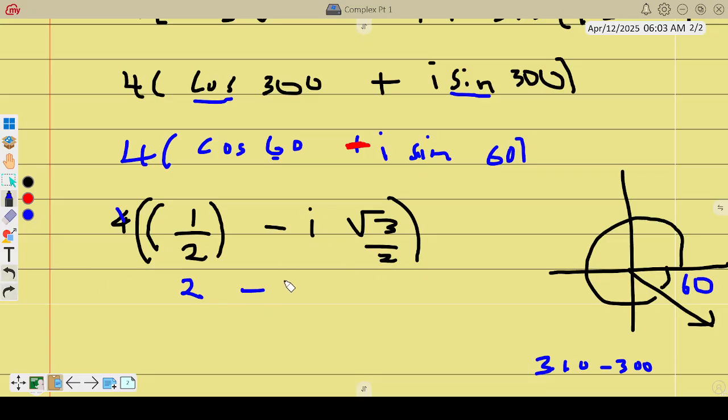So meaning they cancel, we remain with a 2. So we have a 2 and then we have an I and we have a root 3 there. So this is the standard form. You've seen that we don't have any trig ratio at this point.